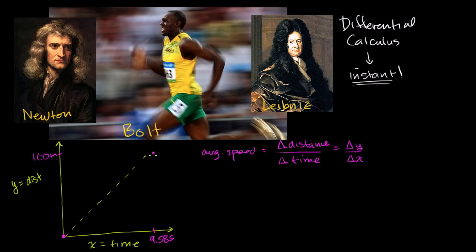The change in distance is this right over here. Change in y is equal to 100 meters. And our change in time is this right over here. So our change in time is equal to 9.58 seconds. We started at 0. We go to 9.58 seconds. Another way to think about it, the rise over the run, you might have heard in your algebra class, is going to be 100 meters over 9.58 seconds.